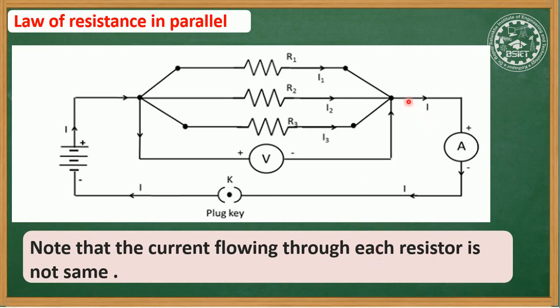I is the total current flowing through the circuit, that we have already seen, but the value of the current flowing through each resistor is not the same. So note this point.